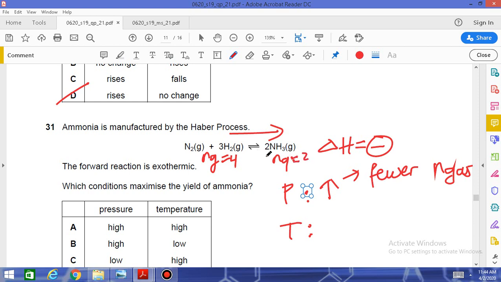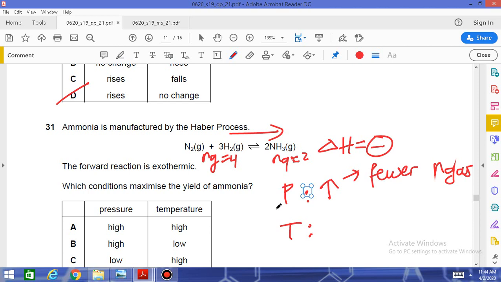Just look at the reaction coefficient of gas, okay? So we see that product has fewer gas molecules. So the pressure must be increased. So the equilibrium shifts to the fewer gas molecules, in this case, right side, and the yield of ammonia will be maximized.